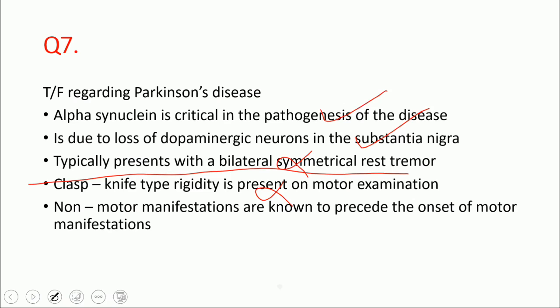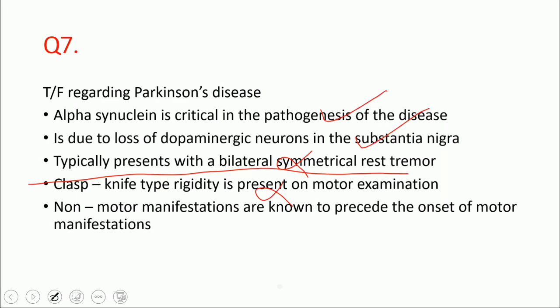Now, apart from these very typical motor manifestations, there are lots and lots of non-motor manifestations in idiopathic Parkinson's disease. Sleep disorders, memory problems, then autonomic problems, urinary issues, bowel issues.